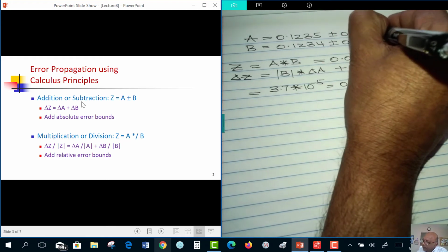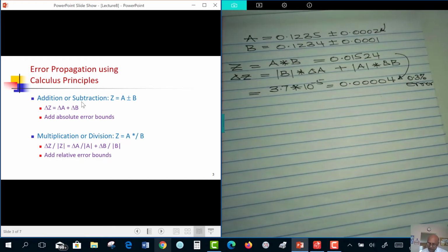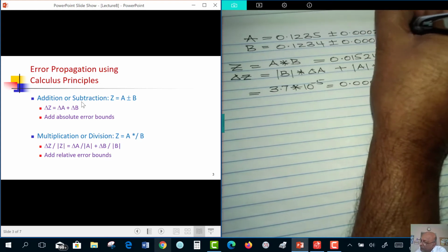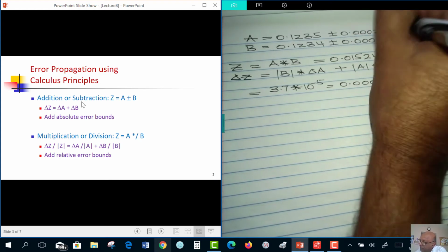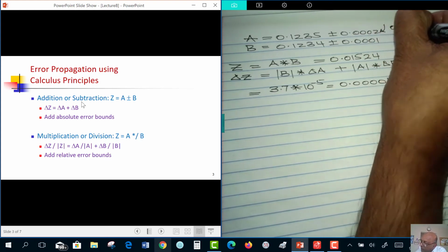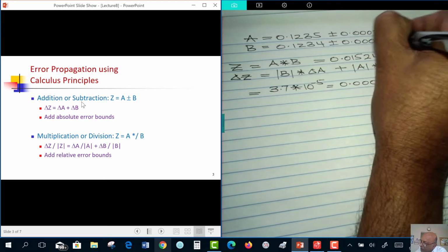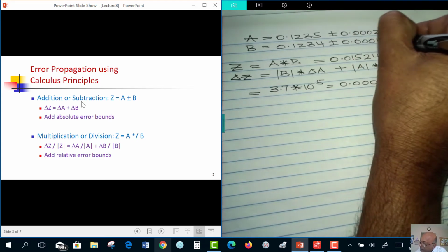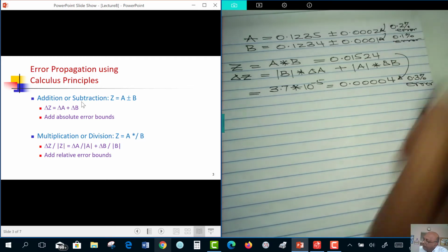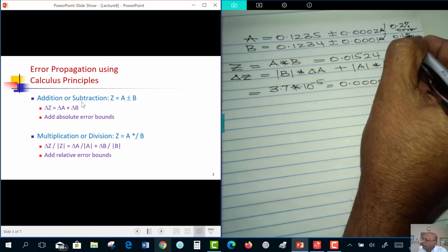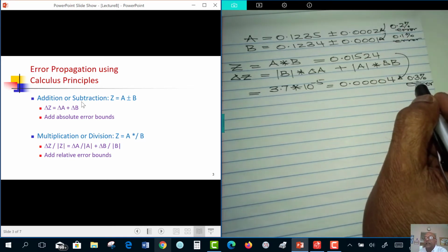So remember, this one had 0.0002 divided by 0.1235 times 100. So this one has 0.2% error. This one has 0.1% error. So you can see 0.2 plus 0.1, 0.3% error total.